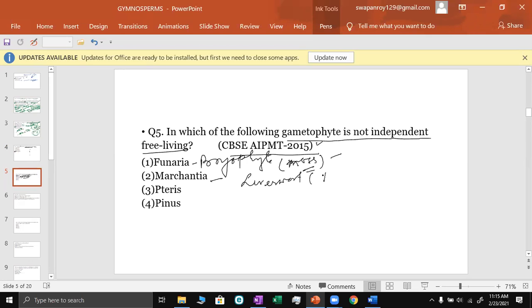This is also a bryophyte. So here also the main plant body is the gametophyte and free living. Pteris is a fern, a pteridophyte.